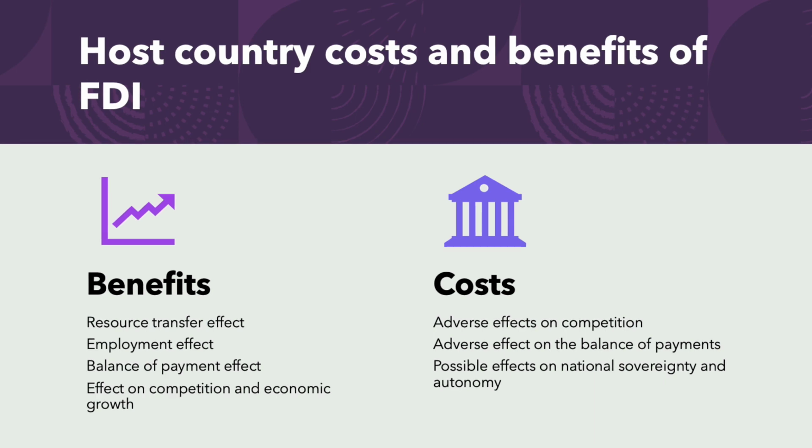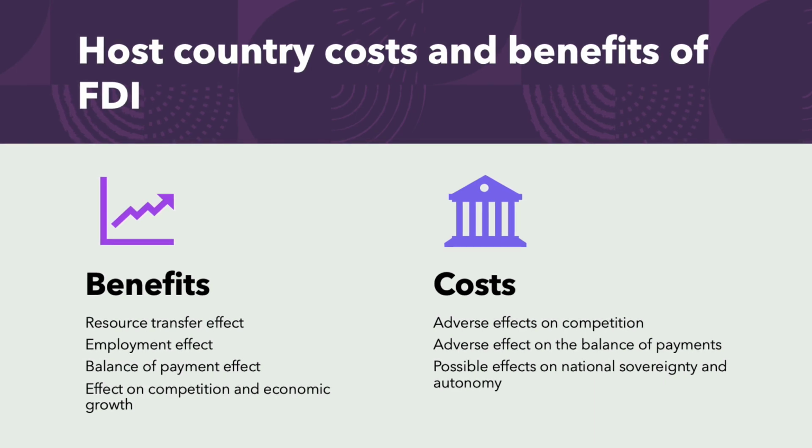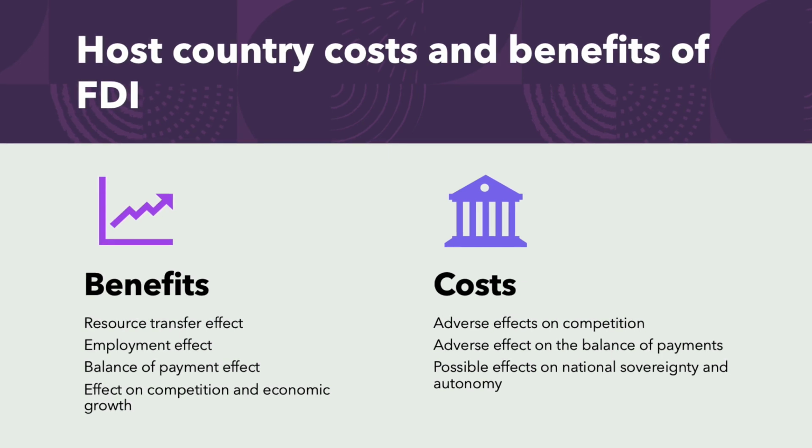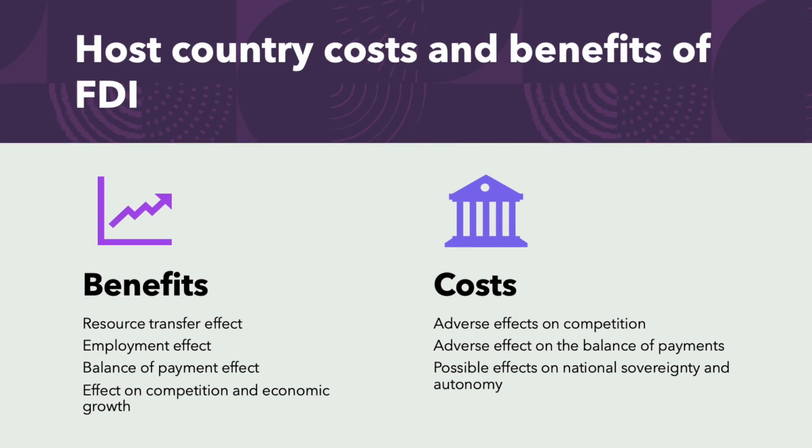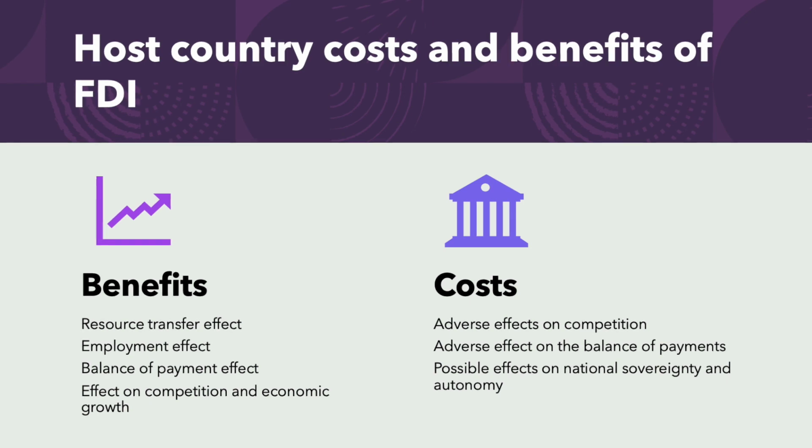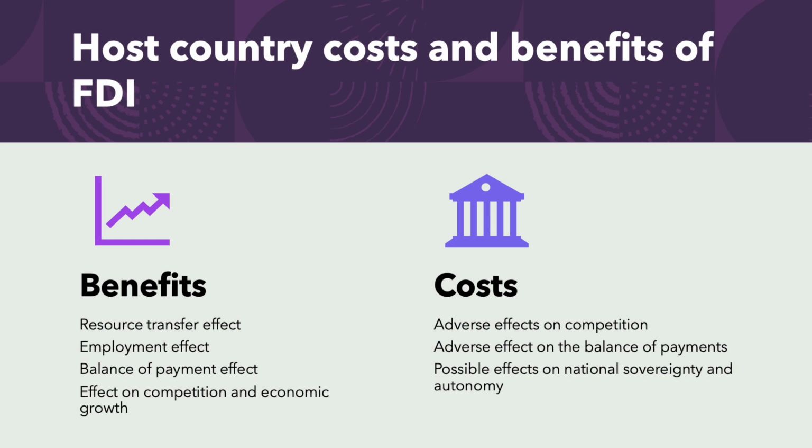Balance of payment effect. Balance of payment accounts track both payments and receipts of a country. The current account tracks the export and import of goods and services. Governments prefer to see a current account surplus, and by selling assets to foreigners they can keep the surplus for a long term. FDI is a substitute for imports of goods and services.